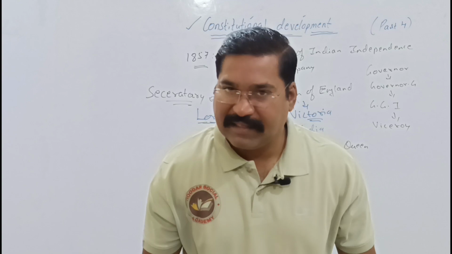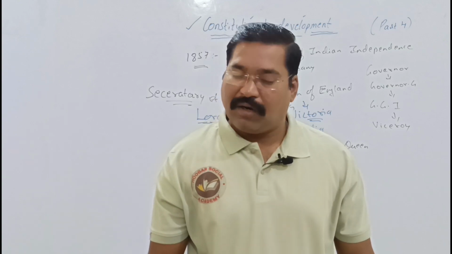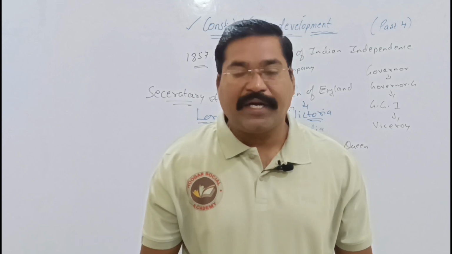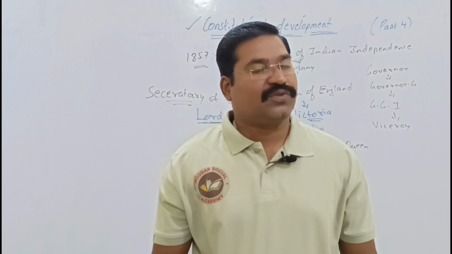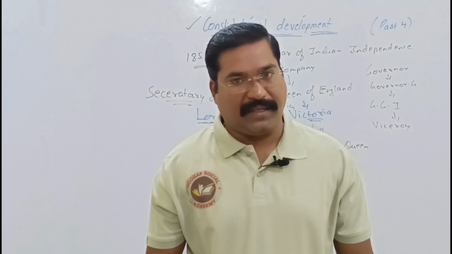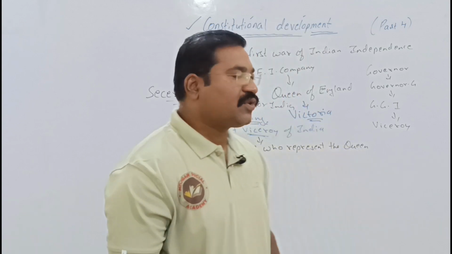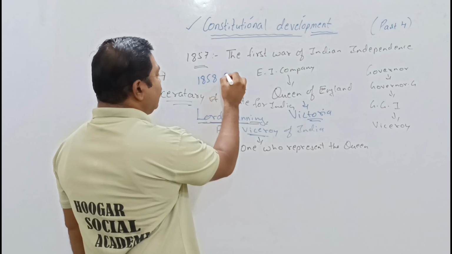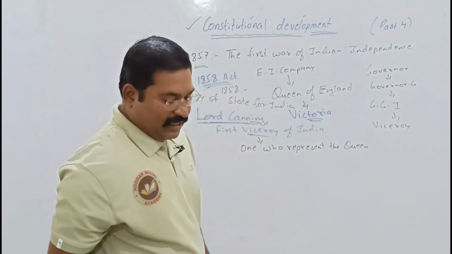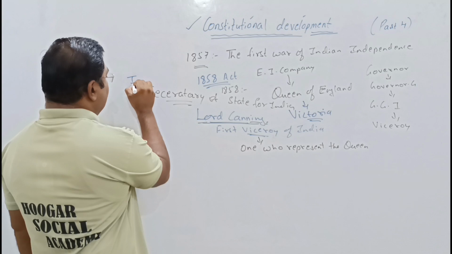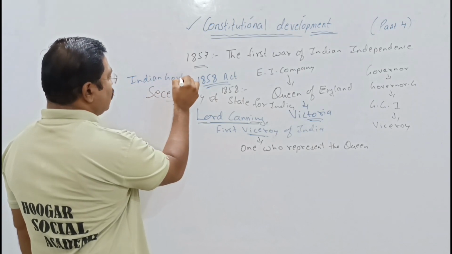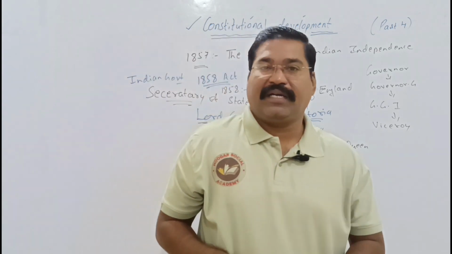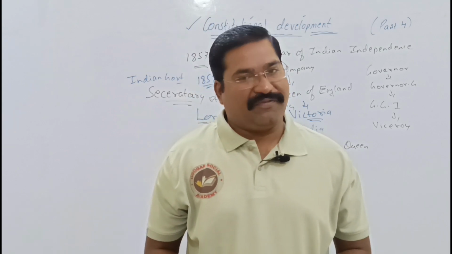But we all very well know that although Indians were included, they were not given any power to look after their own country. All these things we get to know in the 1858 Act, which is called the Indian Government Act of 1858.